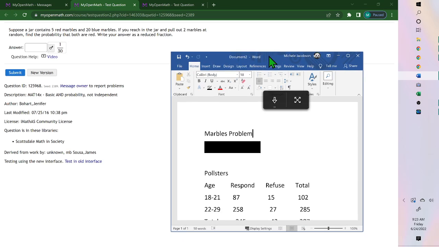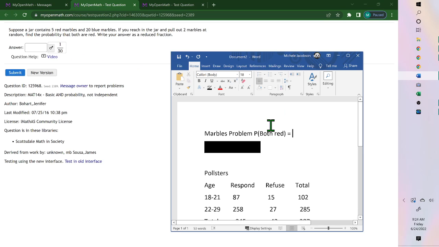So when we pull the first one, the probability the first one is red is 5 out of the 25, because there's 25 marbles.